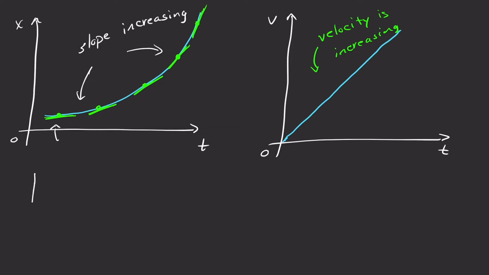Okay, let's try another. So maybe you start off like this and go like that. We can just take a bunch of points, and maybe up here it's pretty flat, so the slope is roughly 0, and then it starts to get more and more negative.